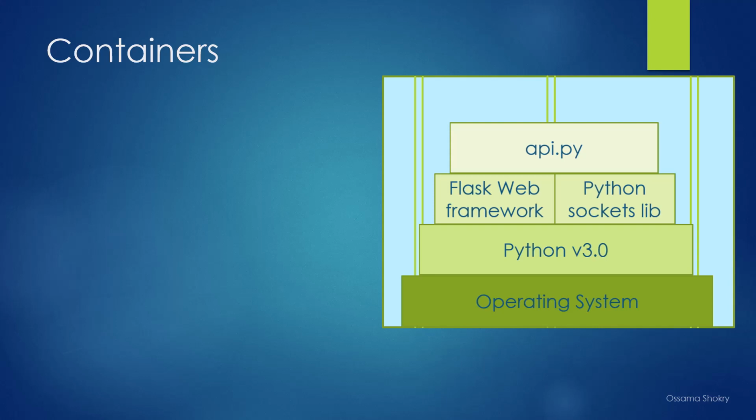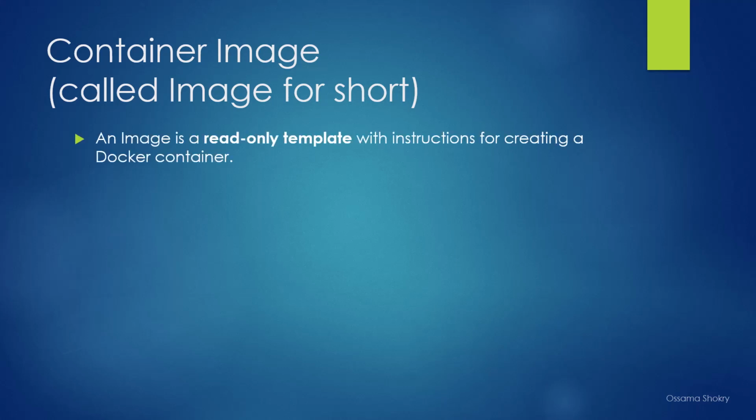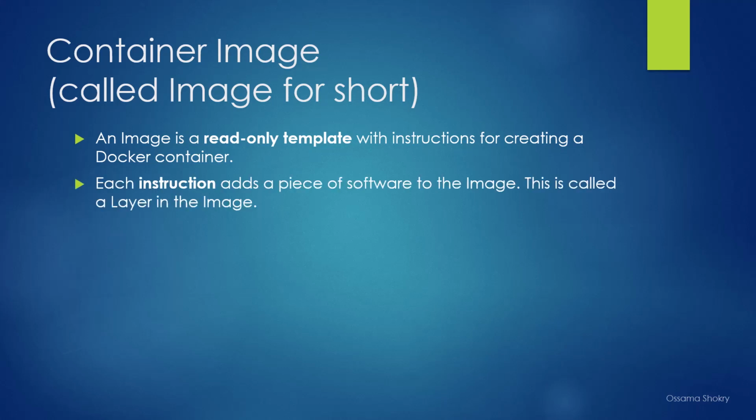Now, let's distinguish between two related but different things, namely a container image versus a container. A container image, or image for short, is a read-only template with instructions for creating a Docker container. Each instruction adds a piece of software to the image.